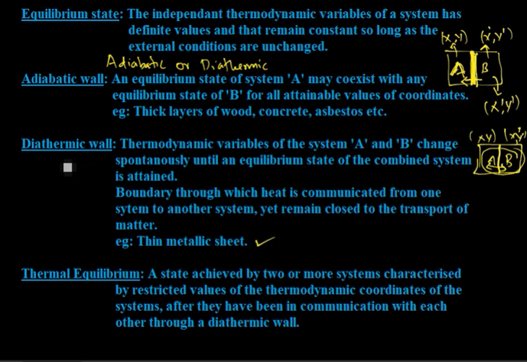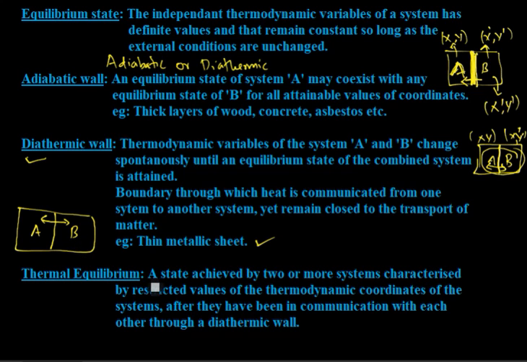So, we are going to first of all focus on the systems which are separated by a diathermic wall. Suppose you have two systems A and B separated by a diathermic wall, then the state variables or thermodynamic coordinates of these systems A and B will spontaneously change to acquire an equilibrium state of the combined system, and that equilibrium state is called thermal equilibrium.